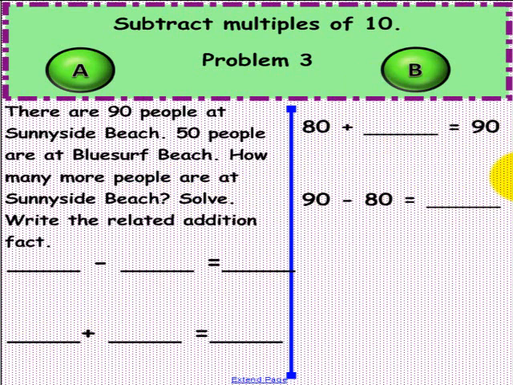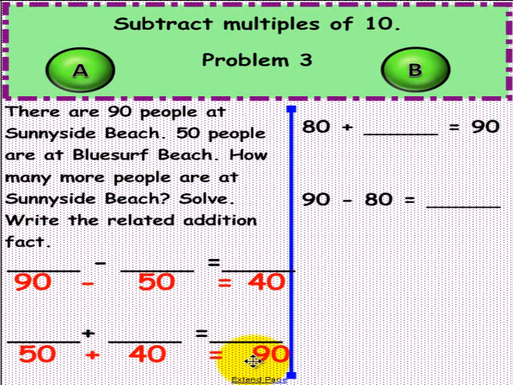Okay, let's see what we have here. 90 minus 50 is the equation. So what we should have here is 90 minus 50 equals 40. If you have that, that's correct. Then the related addition is 50 plus 40 equals 90.